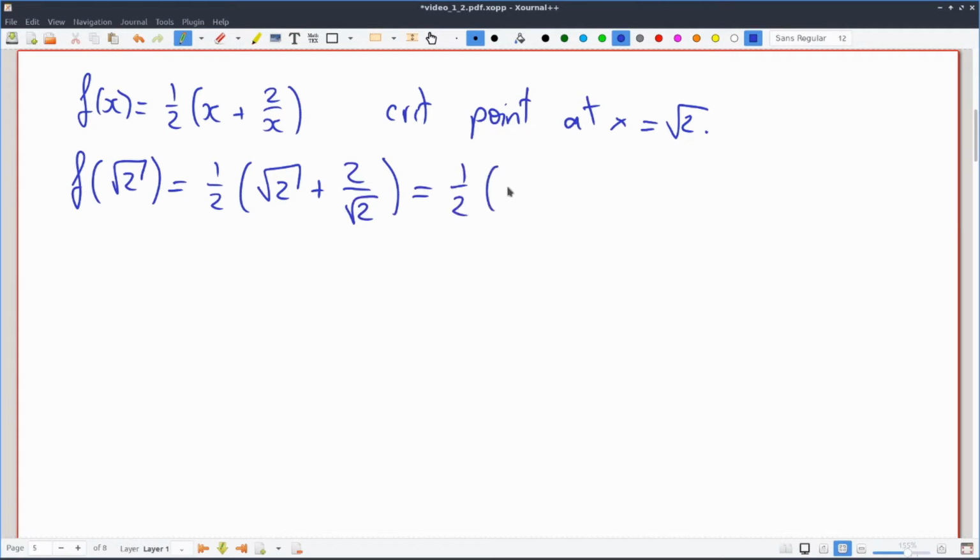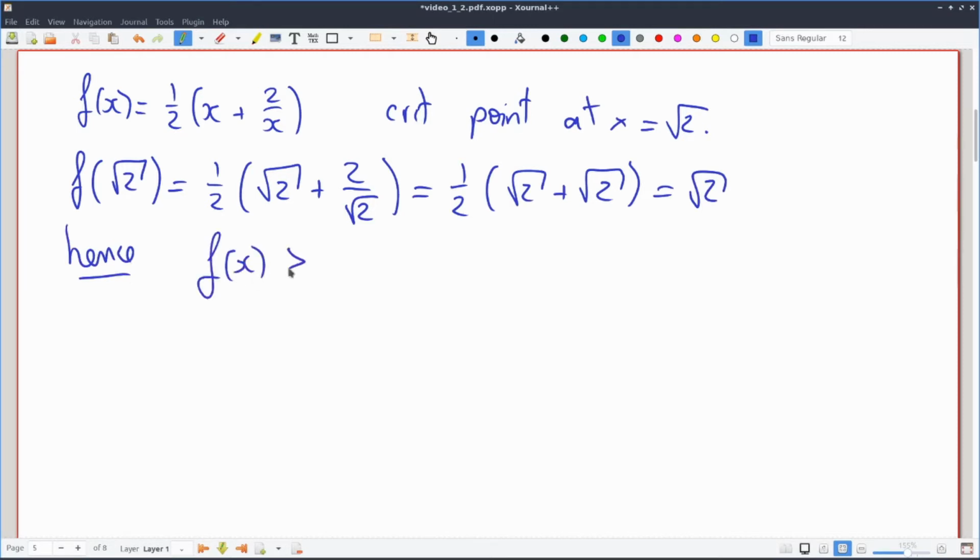So that's 1/2 of root 2 plus root 2. So that's just root 2. Hence, f of x is always greater than or equal to its global minimum, which is now root 2. And that's for all x that are positive.